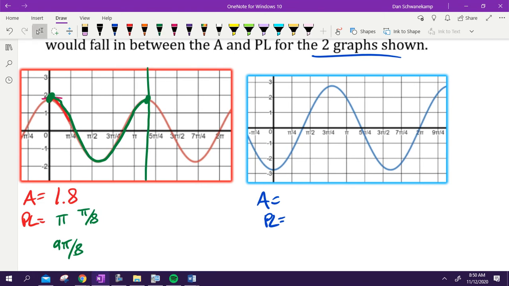Same idea. Ella, what's the amplitude of my second graph here? Yeah, 2.8. That's great. Period length. Let's play the same game. Tell me now when I've reached a full period length. Stop right there. So, right in there. Something between 3 pi over 2 and 7 pi over 4.